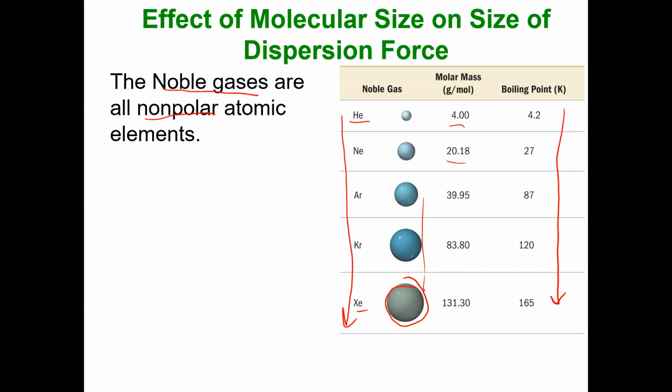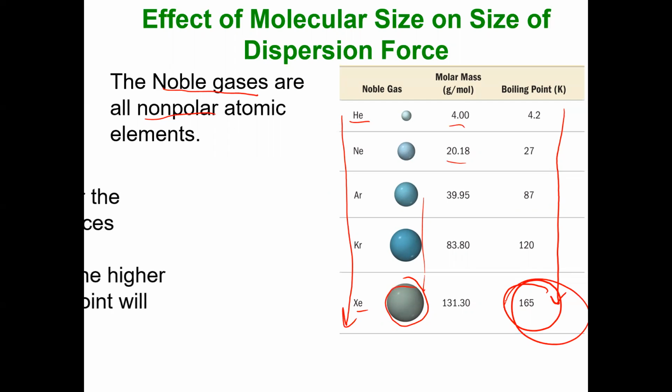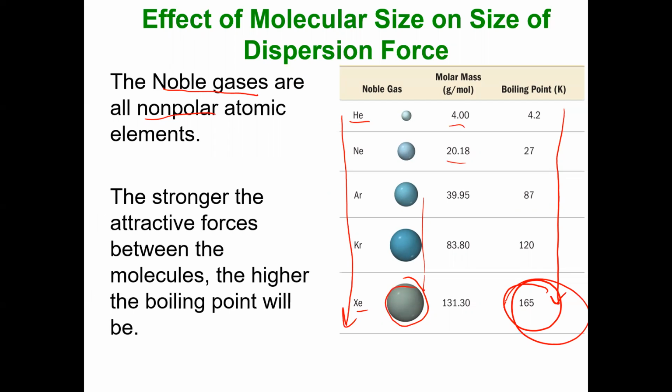To separate them, I have to overcome those electrostatic forces that we call intermolecular forces. So it requires more energy if the intermolecular force is stronger, because I have to disrupt it and separate them. You can think of it as a stronger magnet. It would take more energy to separate. So the stronger the attractive force, the higher the boiling point.